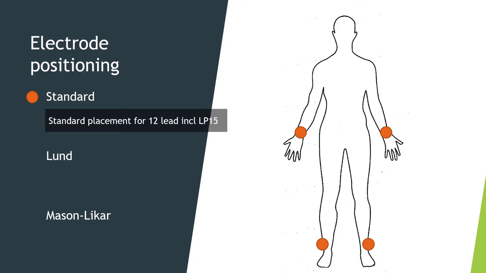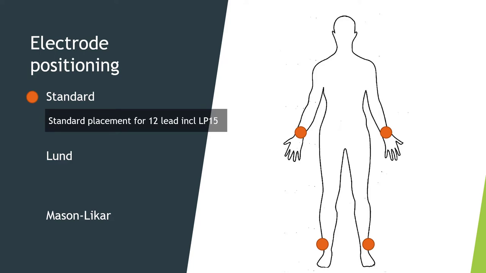So the advantage is this is what machines are calibrated for. The disadvantage in the ambulance setting, however, is that this lead positioning can be somewhat subject to artifact. So if someone moves their arms or they move their legs, it's going to provide a lot of artifact or electrical signals that aren't part of the cardiac depolarization sequence.